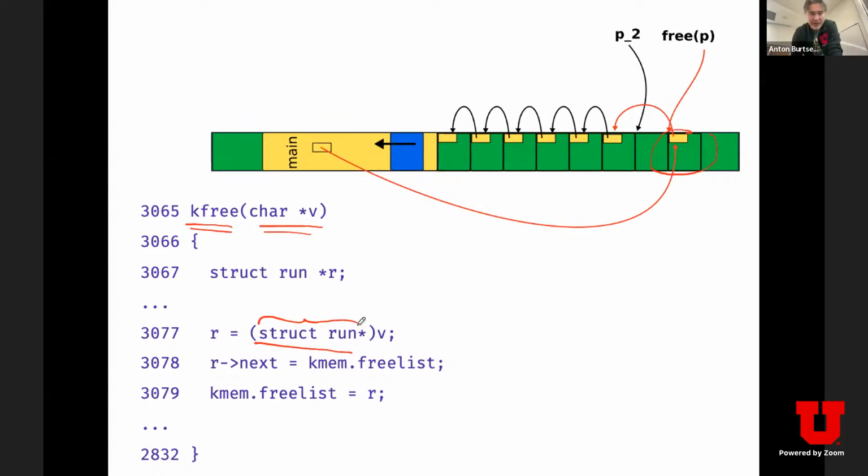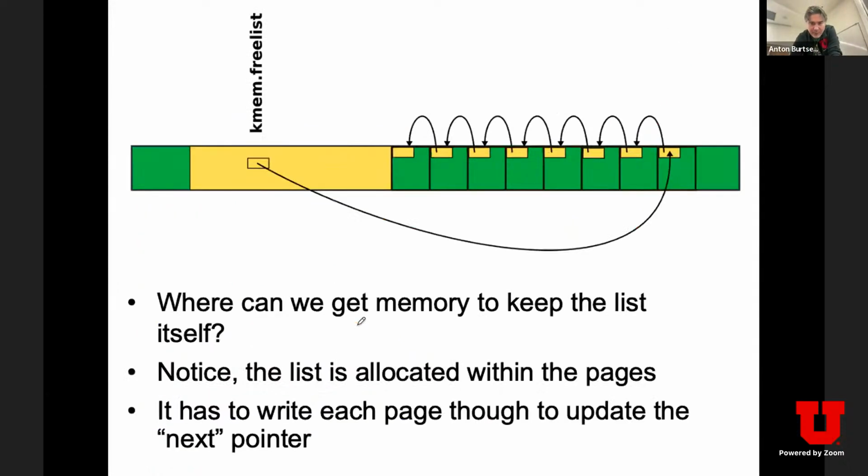Okay, cool. So we have this free list, and this is how we want our memory allocator to work. There is a tiny detail here. The design choice says that this run data structure sits within the page itself, which means that if you want to write something into run, it has to be mapped by the page table.